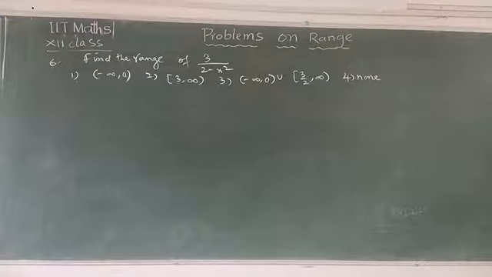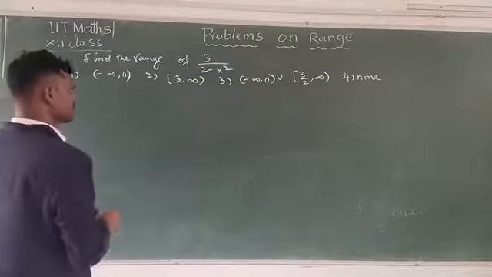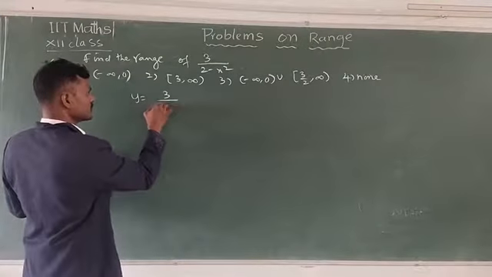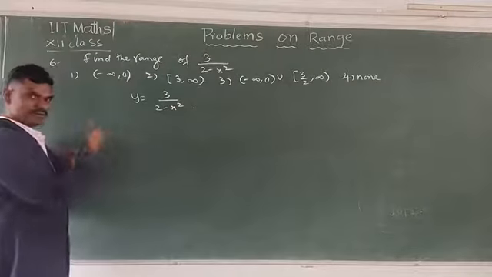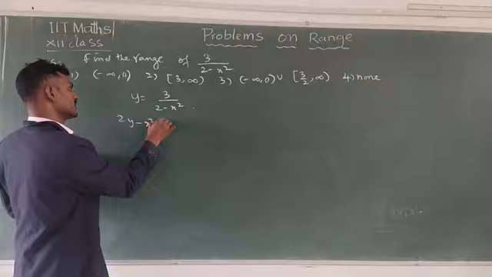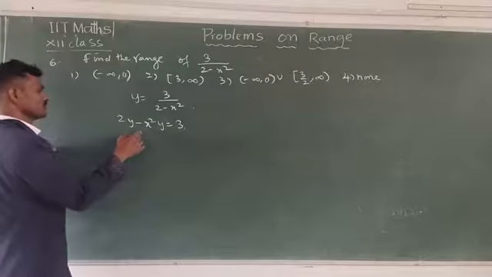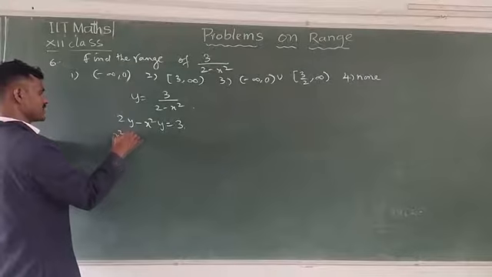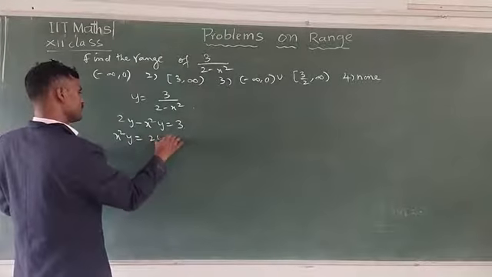Okay, next is the one: find the range of 3 by 2 minus x square. See here, first you can write y is equal to 3 by 2 minus x square. Now you have to cross multiply: 2y minus x square y is equal to 3. Now send this to that side, then x square y is equal to 2y minus 3.